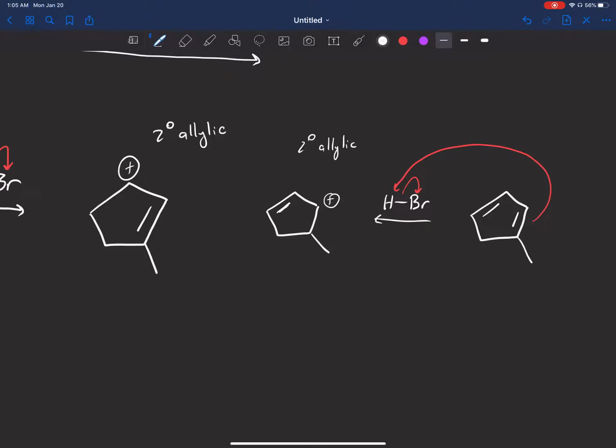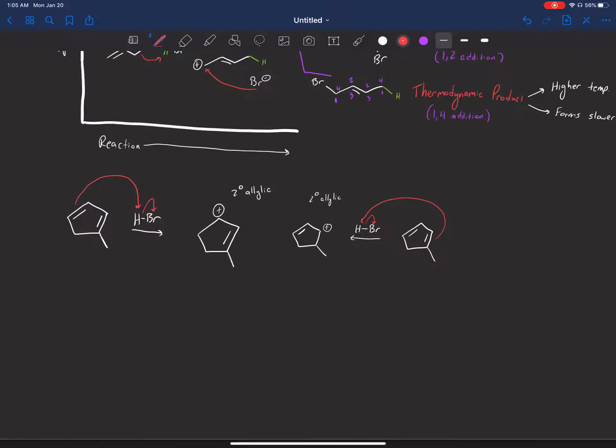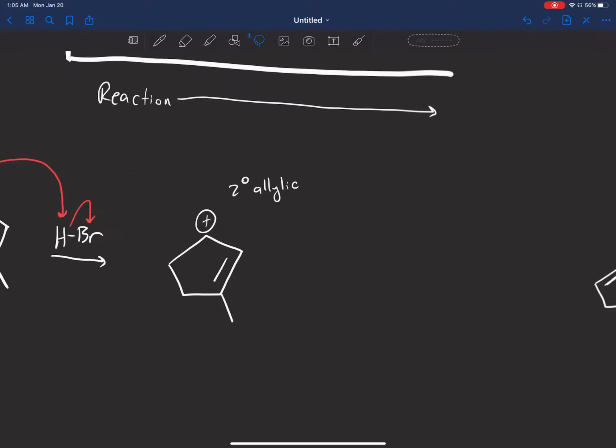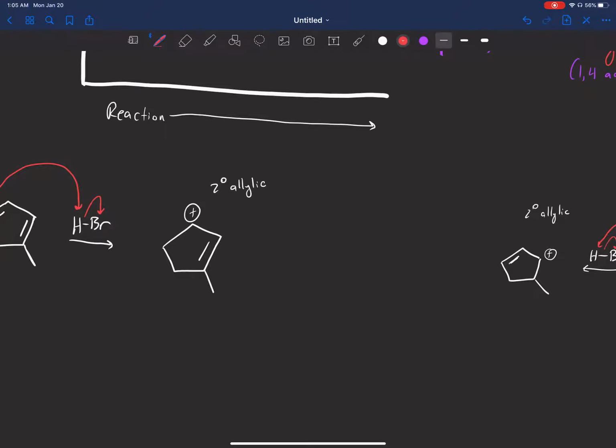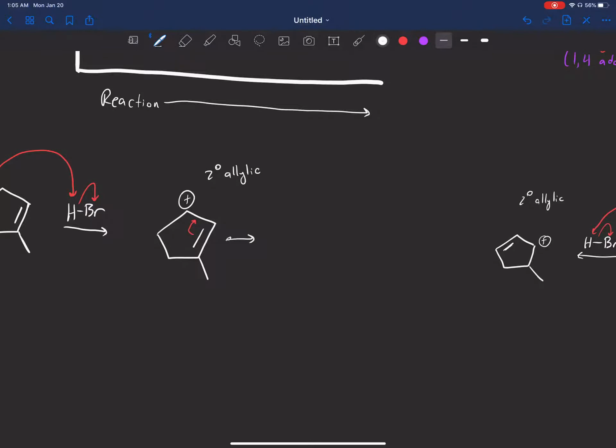So now we're going to look at the resonance structures of these guys, and I'm going to separate them a little bit further so we have some space. So I can resonate this guy this way, and I'm going to get this structure.